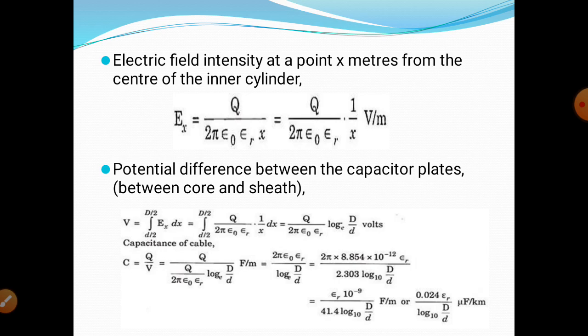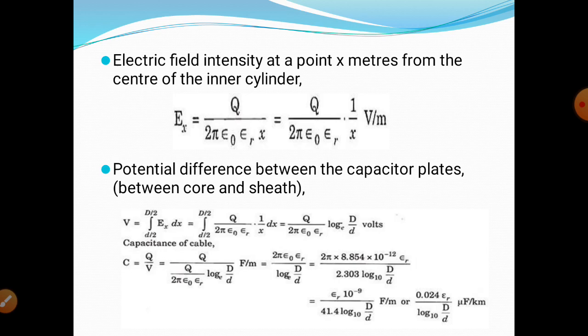So V is equal to the integral from small d by 2 to capital D by 2 of Ex into dx. We substitute the value of Ex from the above equation: the integral from small d by 2 to capital D by 2 of q divided by 2 pi epsilon naught epsilon r into 1 by x into dx.